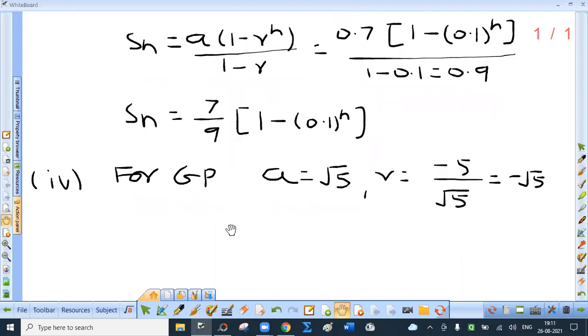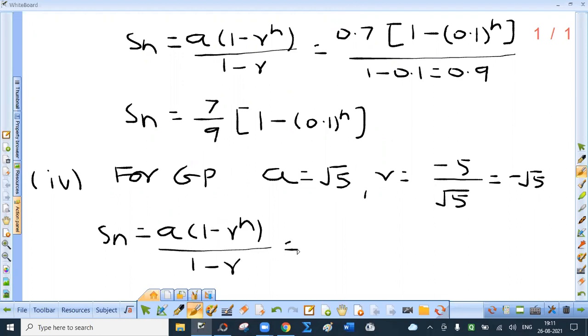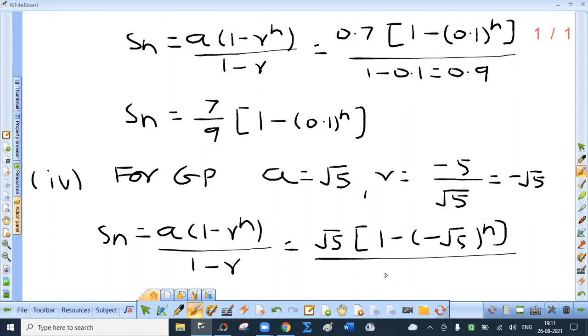See, these are the basic things. So Sn, upon 1 minus r, I will directly write 1 plus root 5 upon, basically, 1 minus root 5.